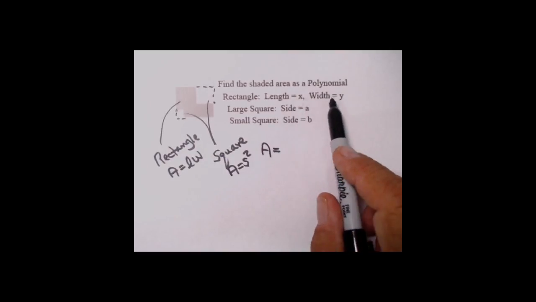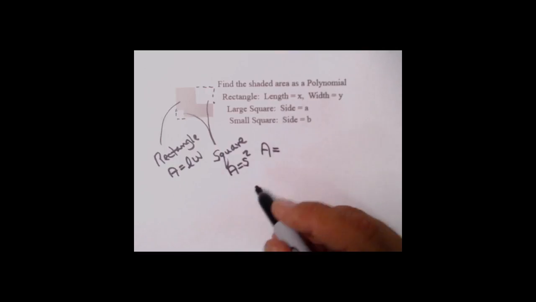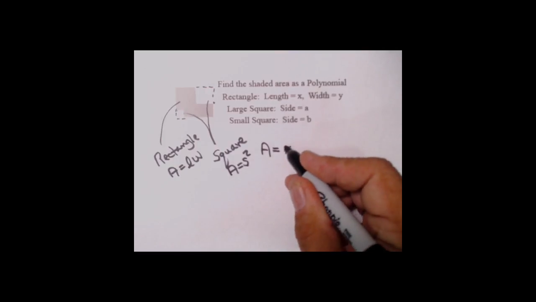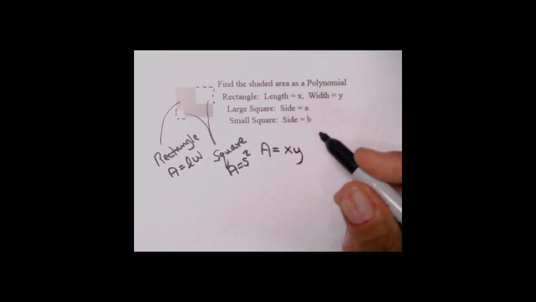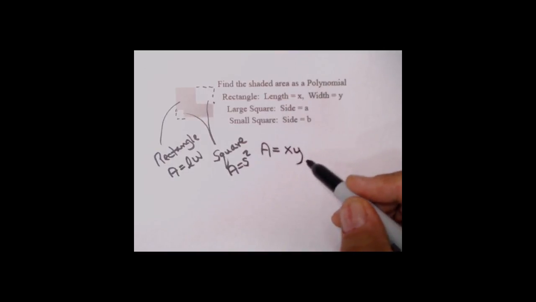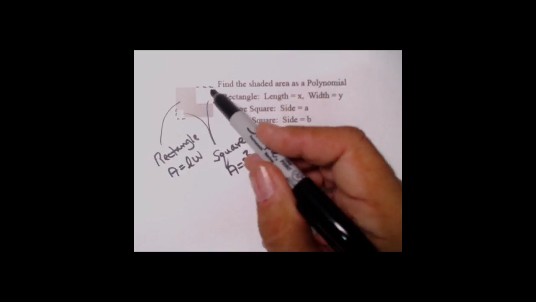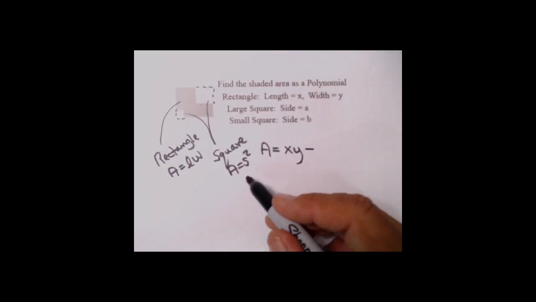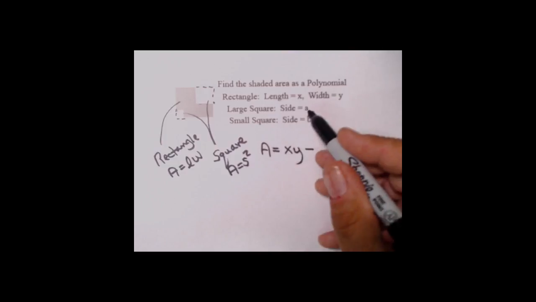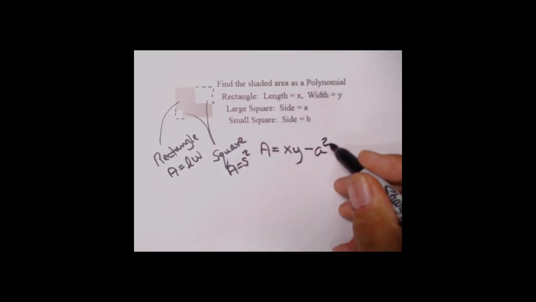So since we multiply those together, okay, area equals length times width, the area of the original rectangle, if we hadn't cut any of the square pieces out, would just be A equals X times Y. But now we cut out two squares. The larger one here, and it says the side is A. So remember the formula is S squared. Well, the side, we're going to use A for S, so minus A squared.